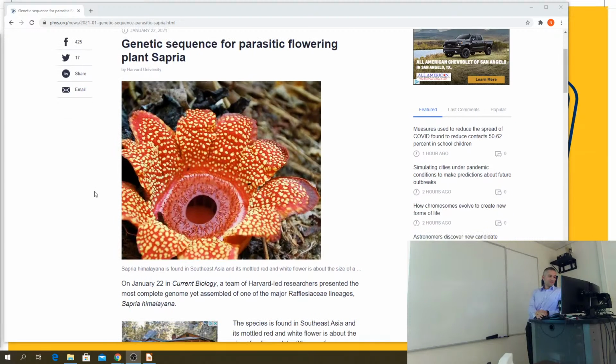But parasitic plants are somewhat rare. We have one here. Who knows what it is? It's on campus. I've seen it. It's something that I avoid around the holidays. Mistletoe.